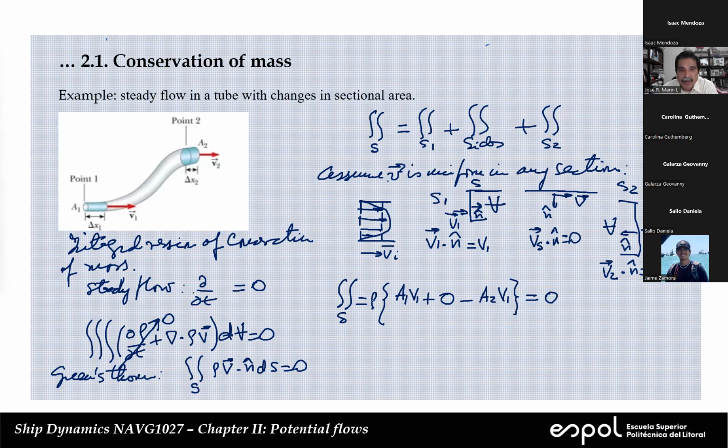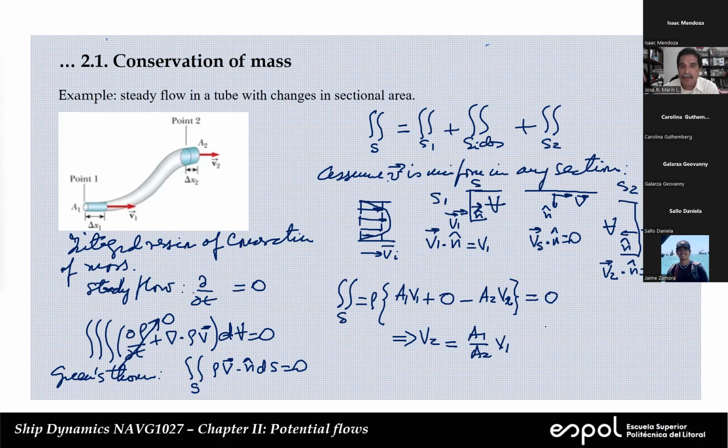So rho is never 0. So we have to have, I'm sorry, this is V2. Since rho is never 0, we can say that V2, this one here, is going to be A1 over A2 times V1. It's something that we know.